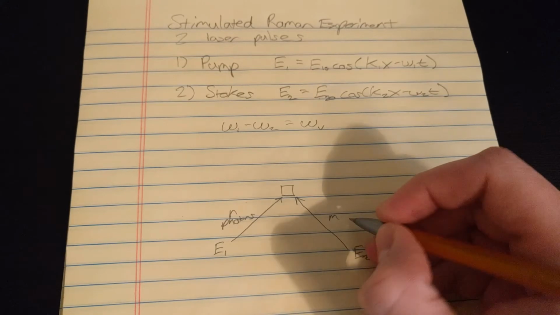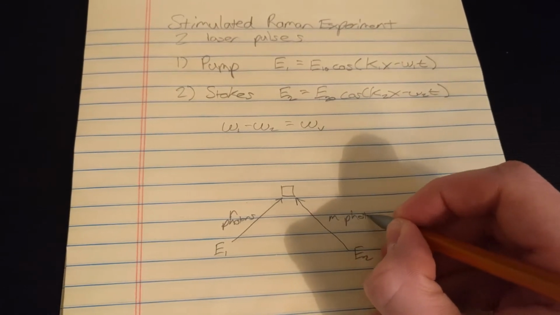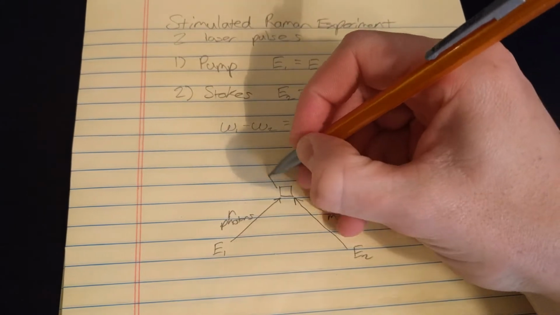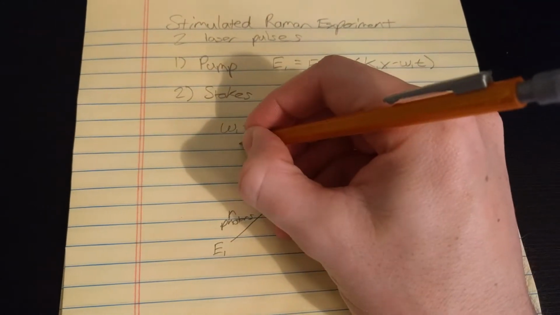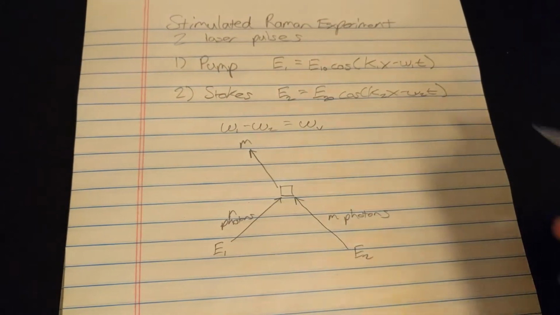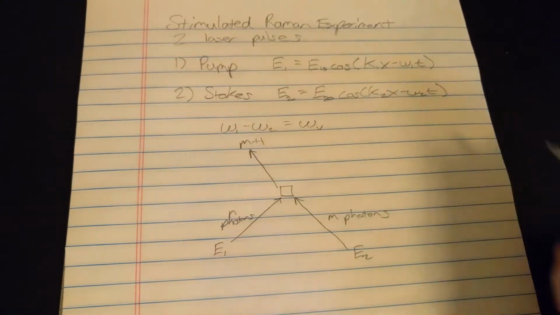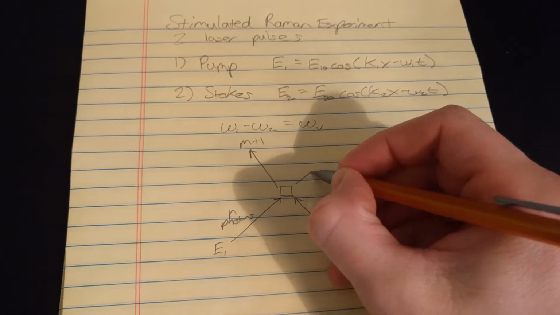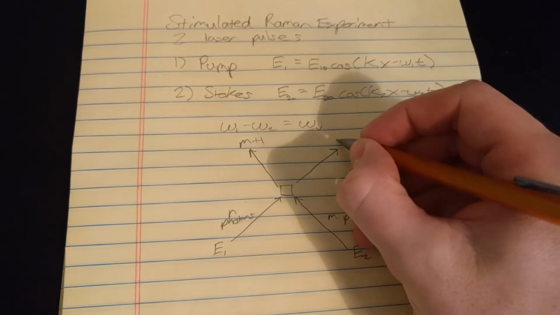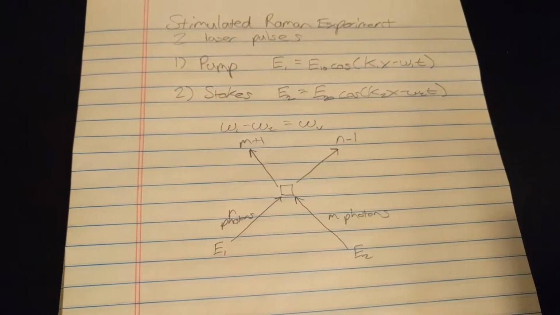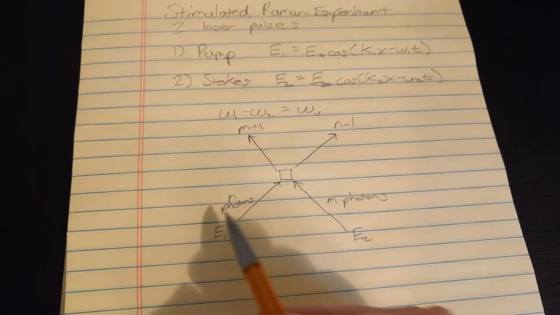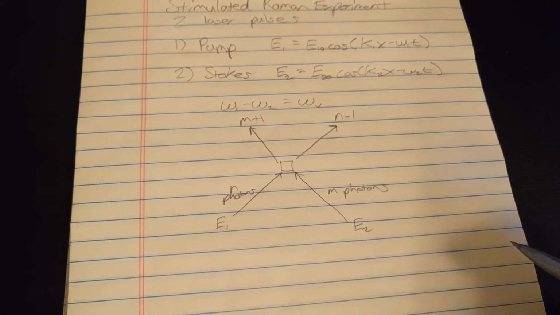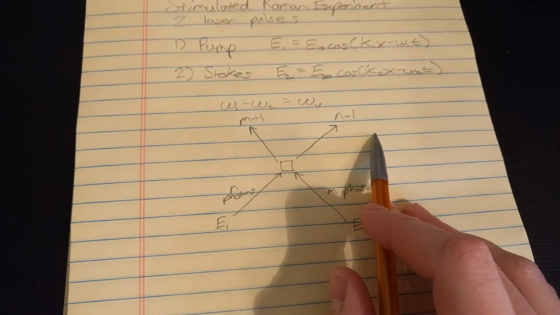Let's say E2 has m photons coming in. What's going to happen is some interactions, and what you're going to get out is m plus 1 photons in the Stokes beam, and from the pump beam you're going to get n minus 1 photons. And notice how the number of photons has to stay conserved.